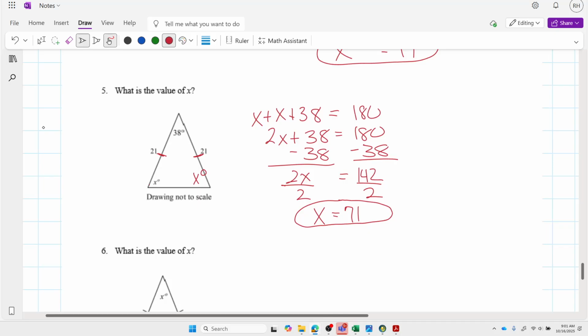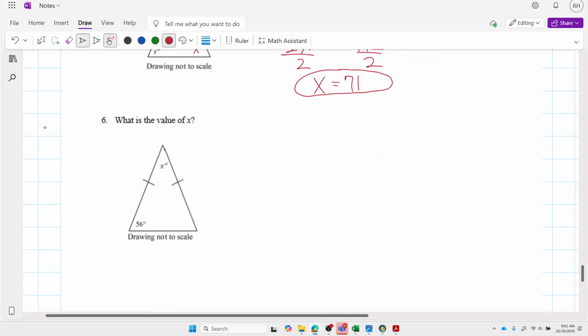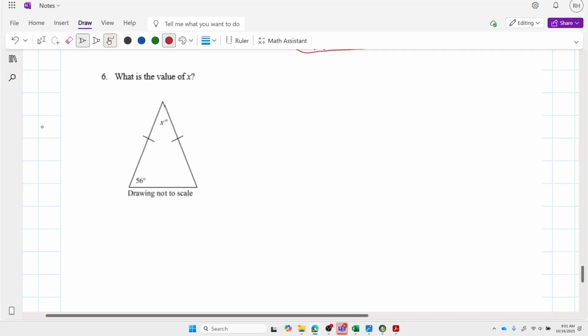Problem number 6. Same concept. You've got a triangle, and you're told that two sides are equal to each other. So if these two sides are equal to each other, and this angle down here is 56, what's this angle where the cursor is? 56. Good, 56.